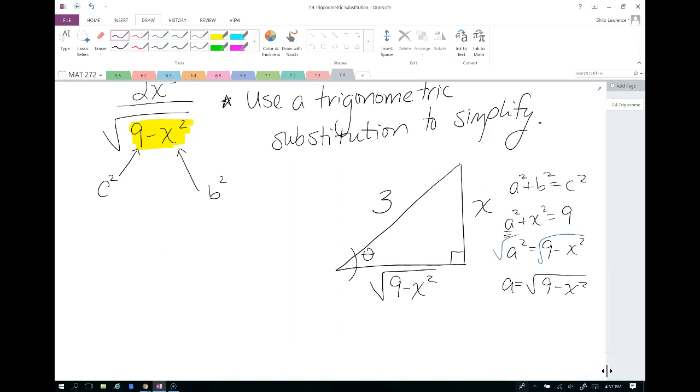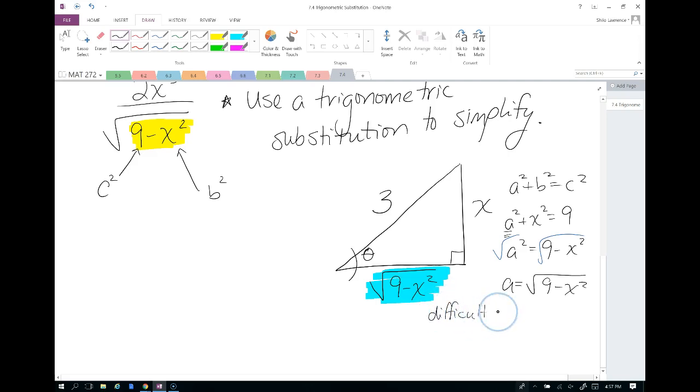Now the key in figuring out the correct substitution to do, you always have to label an angle that you're going to be working with. So I've got my theta labeled there at the bottom left. We want to set up a trig function that does not use the difficult side. So you can look at this triangle and see that two sides are really easy and one side is difficult. Obviously this one with the square root is our difficult side.